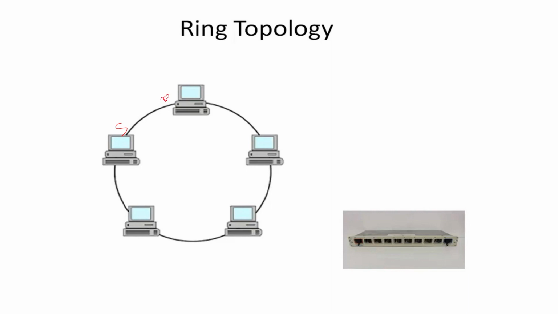We have sender, receiver, sender, receiver, and so on, and each device would have a MAC address: A, B, C, D and E. Suppose A needs to send data to C. It sends the data in the clockwise direction.